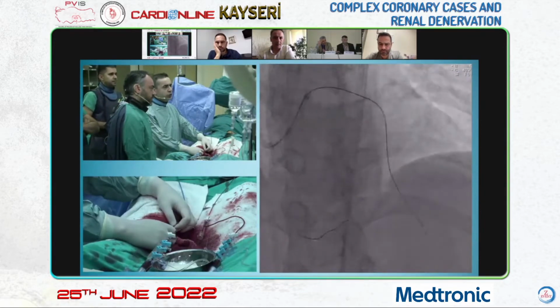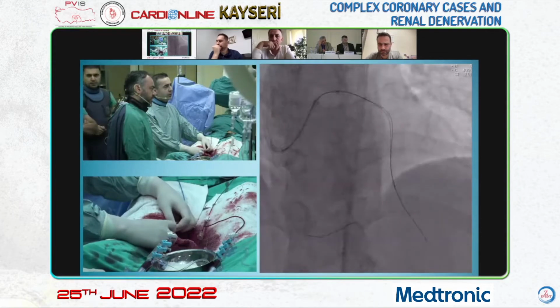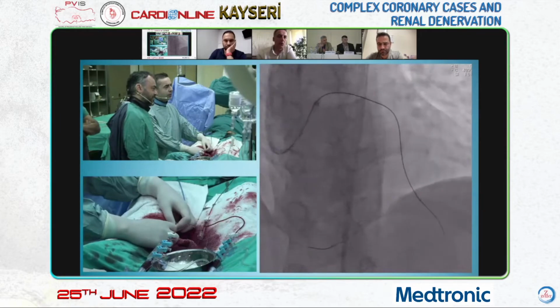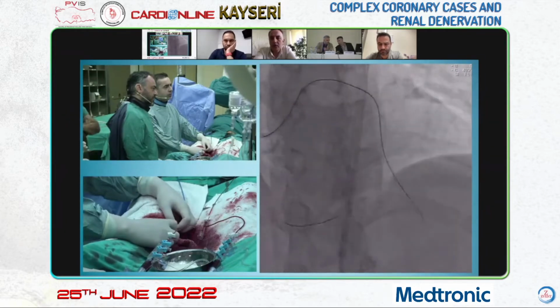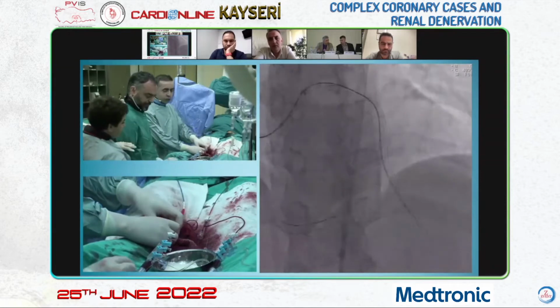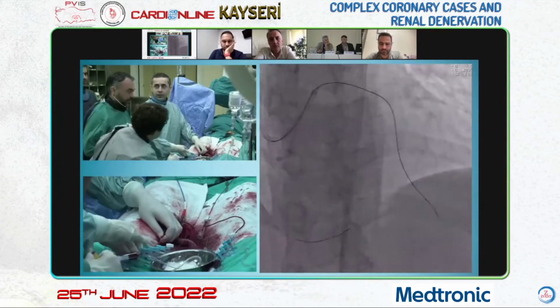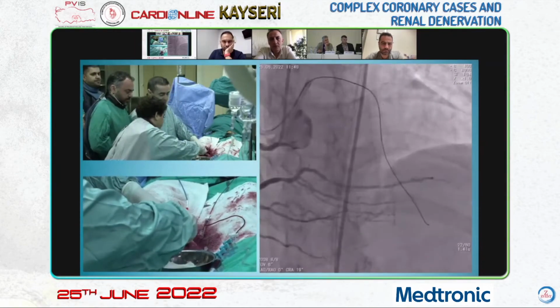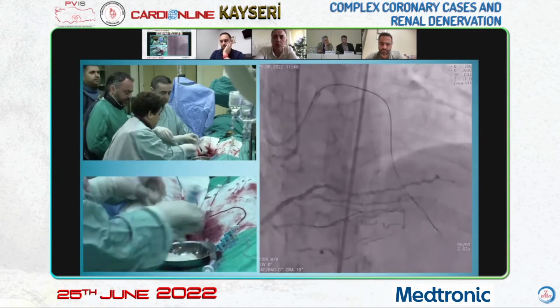For demonstration, a tip injection would be good in the distal. After this stage, after tip injection, it will be good.